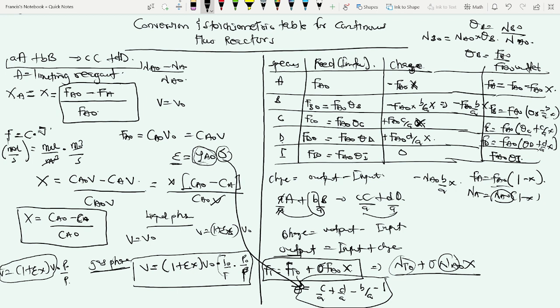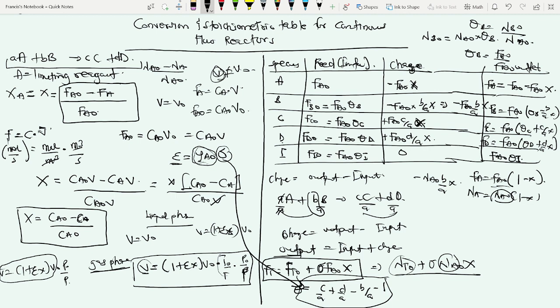When a question doesn't talk about isothermal or any pressure drop, then I'm going to use this to find your volumetric flow rate V. The essence of this V is that for gas phase reactions, because V is not equal to V naught, when you want to find your FA, it will be CA times V, and you need to find this V. When you want to find your FA naught, your FA naught will be CA naught times V naught.